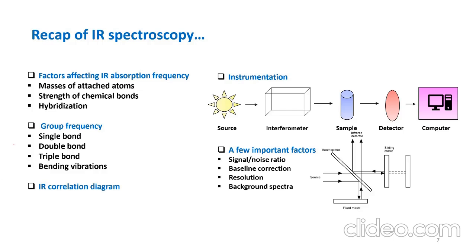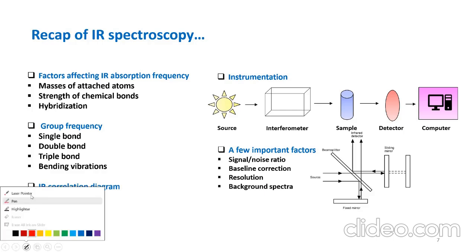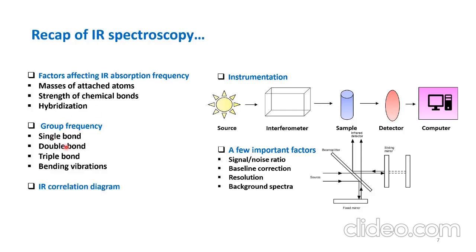Then hybridization, also depending upon the sp2 or sp3 hybridization, the frequency of absorption will vary. As I have already told, single bond, double bond, triple bond, and bending vibration, they will have separate groups of frequencies in the IR diagram.